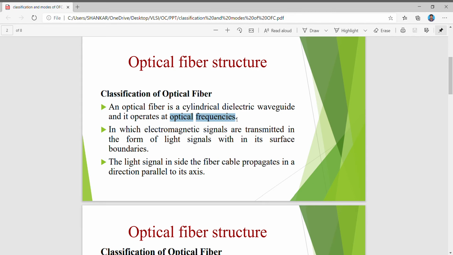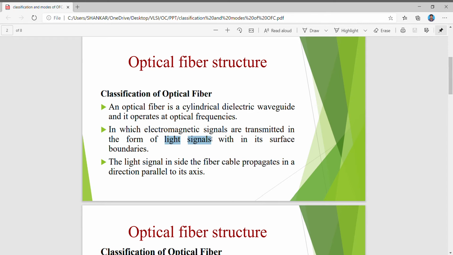Inside the optical fiber cable, the electromagnetic signals are transmitted, which are in the form of light signals.